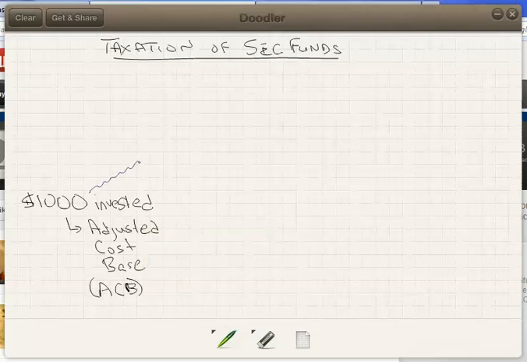Ideally, you get some growth here in the form of interest, dividends, and capital gains. Easy enough. And what we're going to do, just as we did with our mutual fund, we're going to take that money and we're going to automatically reinvest it.